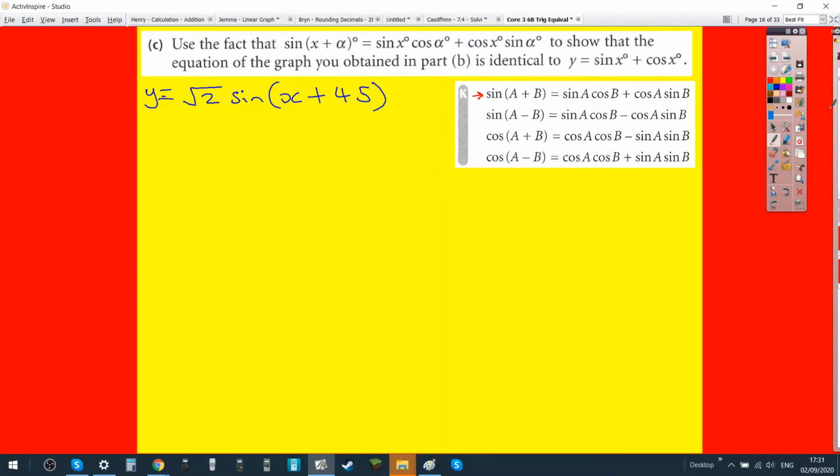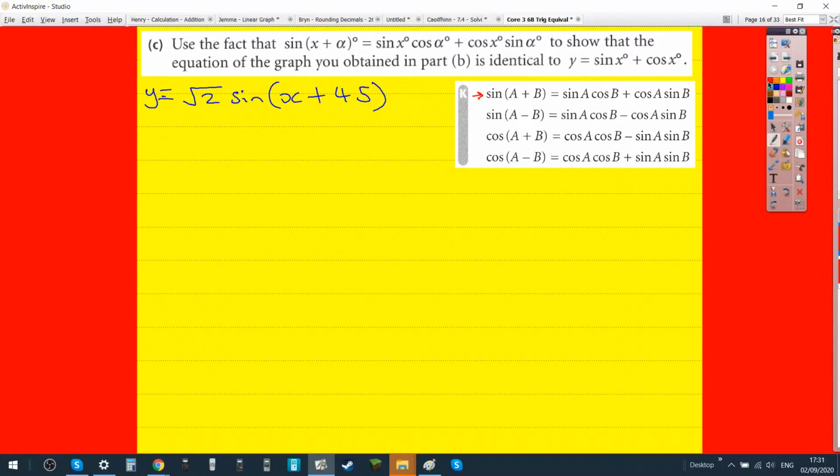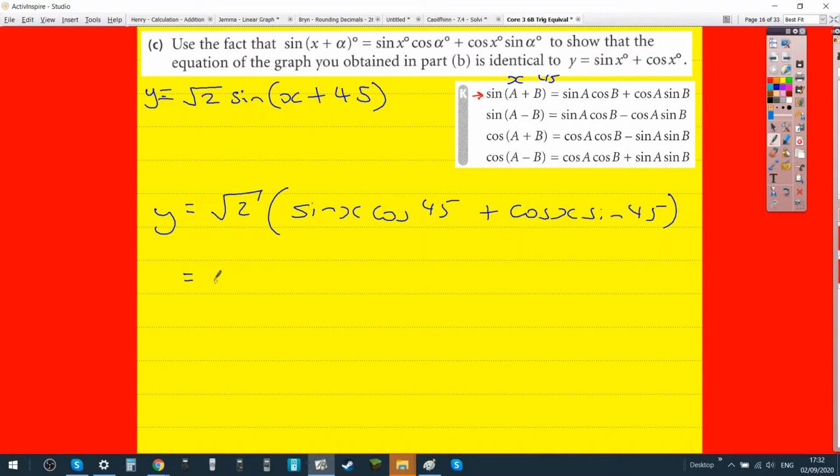So using our formula, we'll try to expand this. A is x, B is 45. And we'll times the whole thing by root 2 at the end. We would get sine x cos 45 plus cos x sine 45. And actually we did this a minute ago.